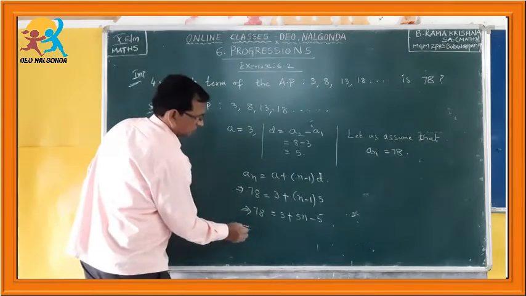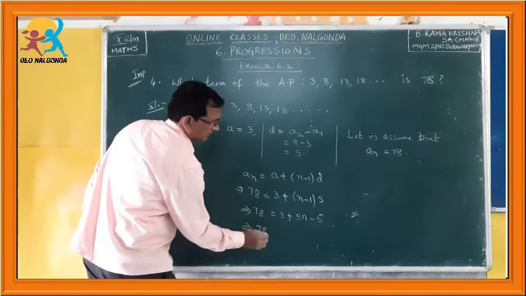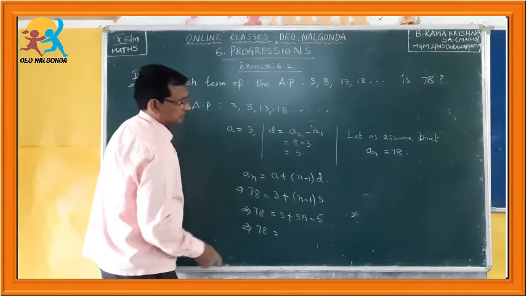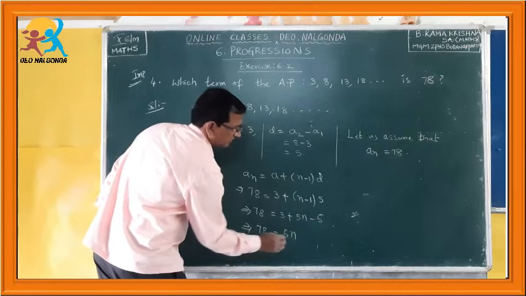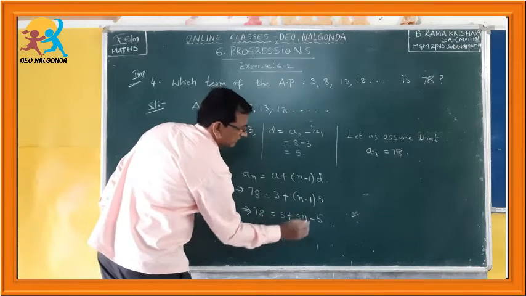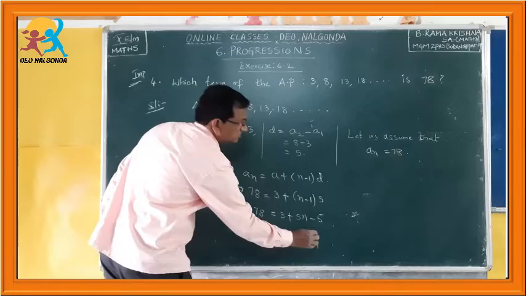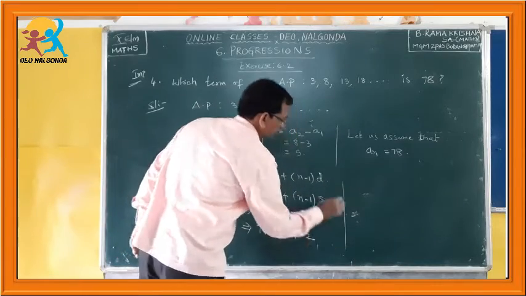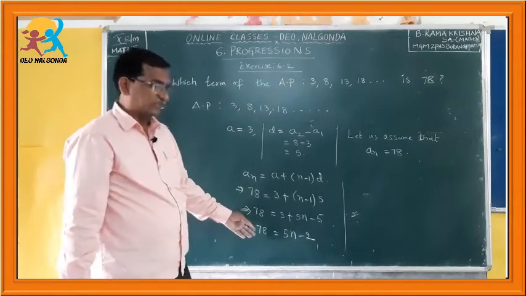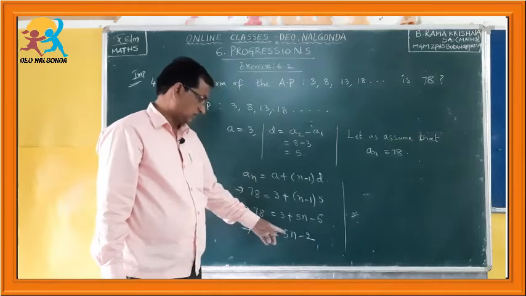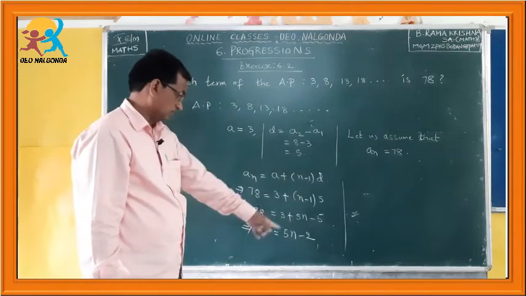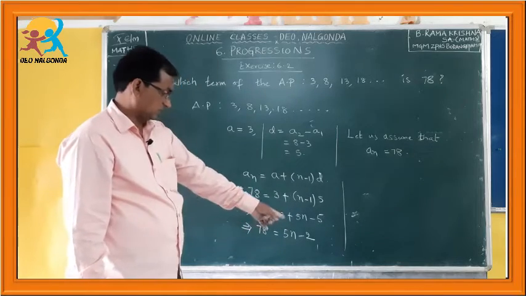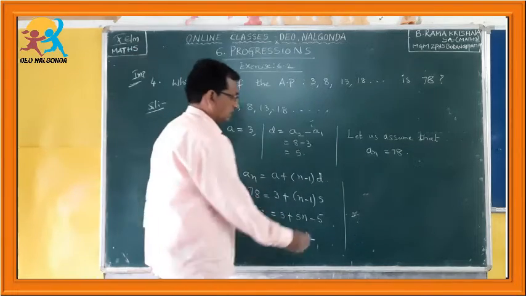Okay, simplify the right hand side, 3 minus 5. So, 5n, write down 5n, 3 minus 5 is how much? Minus 2. Next, there is a linear equation in which only one variable is there, that is n. We can find out the value of n. Transpose that minus 2 to this side.